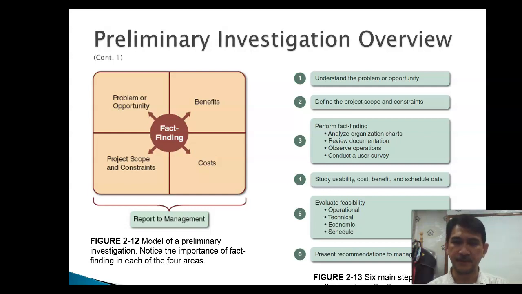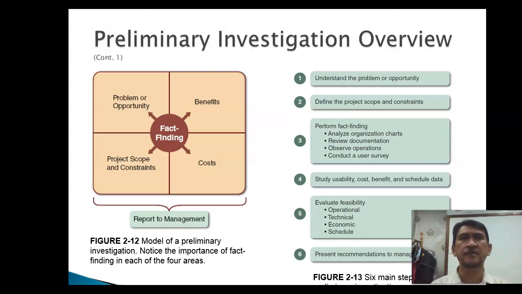Finally, you're going to present to the management. The presentation to the management is important because you want to convince the management that the system or the procedure that you develop is good enough and gives benefit to the organization at large.